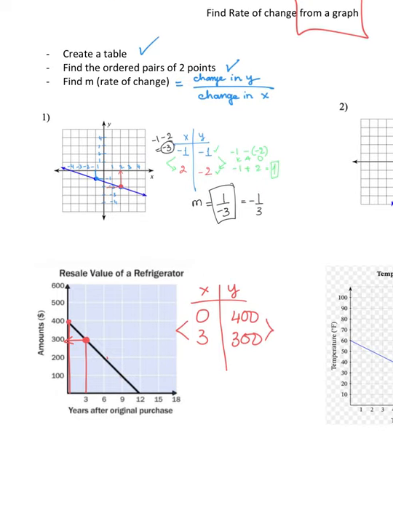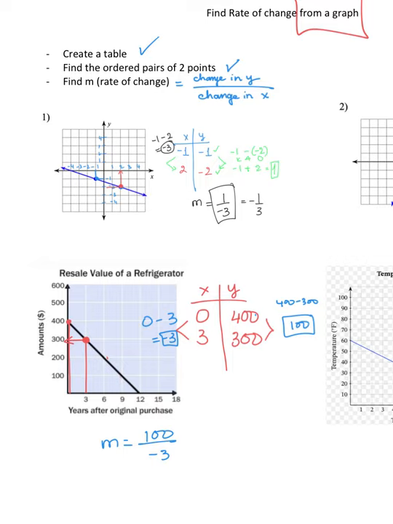Again, top subtract the bottom, and on the other side top subtract the bottom. So 400 subtract 300 is 100. 0 minus 3 will be negative 3. So my rate of change will be 100 over negative 3.